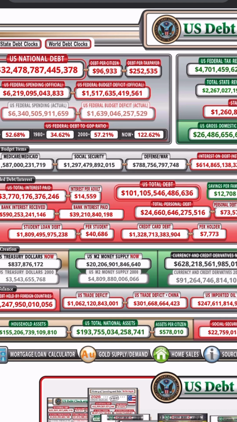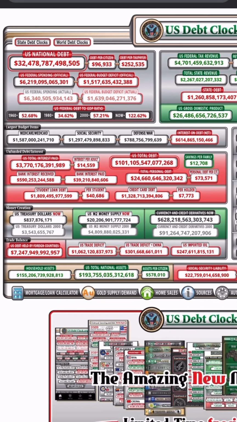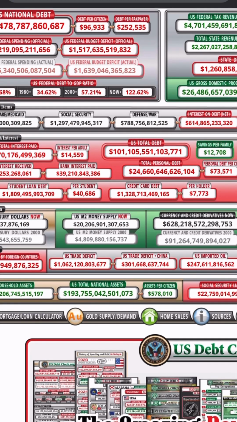Now, two of the biggest numbers to look at that I think are the most important to really get a feel for the health of the overall economy are the U.S. national debt, of course, and then the U.S. total debt, which is the unfunded liabilities. So we're at $101 trillion of unfunded liabilities.